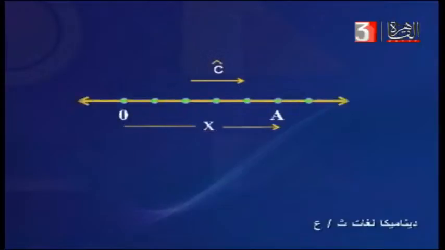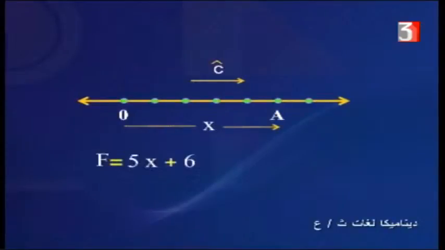Now we have a body at A at a distance x from the origin point, and a force F equals 5x plus 6 acts on the body to move it. This force is in terms of x, the displacement of the body with respect to the origin point. And we know that ma equals F from Newton's second law. Then ma equals 5x plus 6.